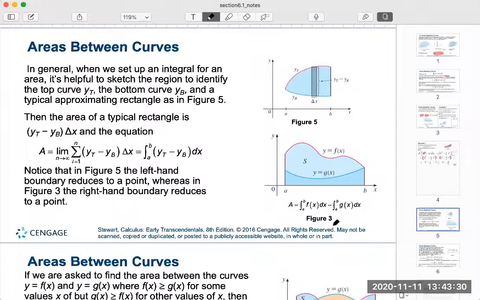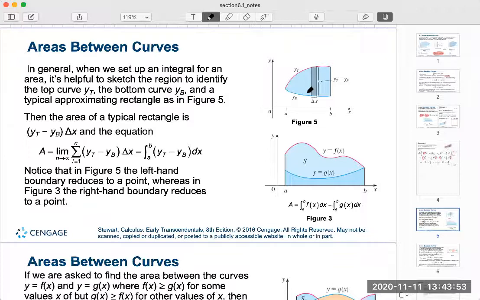In general, the area bounded by the lower limit A and the upper limit B, and the two curves, we call them y top and y bottom, in this figure here, will give us the area of this region.